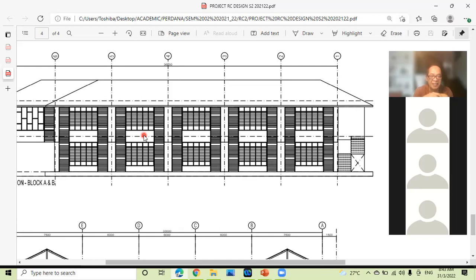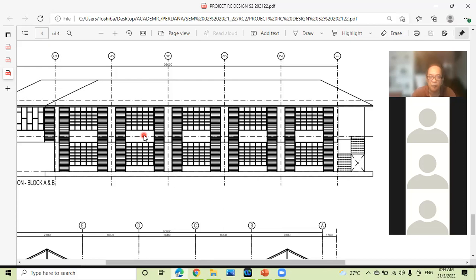Okay, so if the architect did not indicate any column position, we can summarize that the architect is not using the column as part of the architectural feature. But in this particular case, by locating the columns in the architectural drawing, it means that the architect wants the column to appear as part of the architectural features of that particular building.